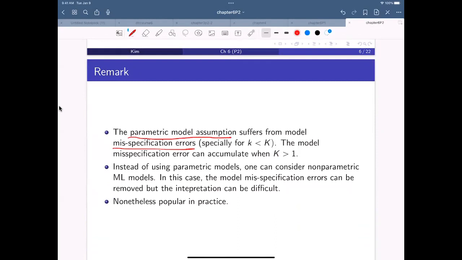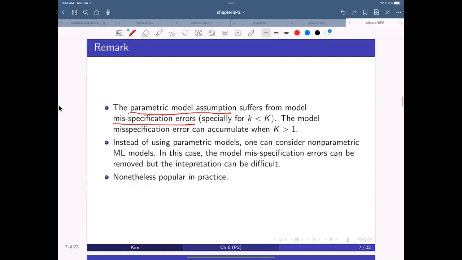I think in reinforcement learning, or in that area, they use deep learning to construct a Q function, so that they can better avoid this misspecification problem. But then the interpretation is a little bit difficult, and it's difficult to incorporate the subject domain knowledge, right?